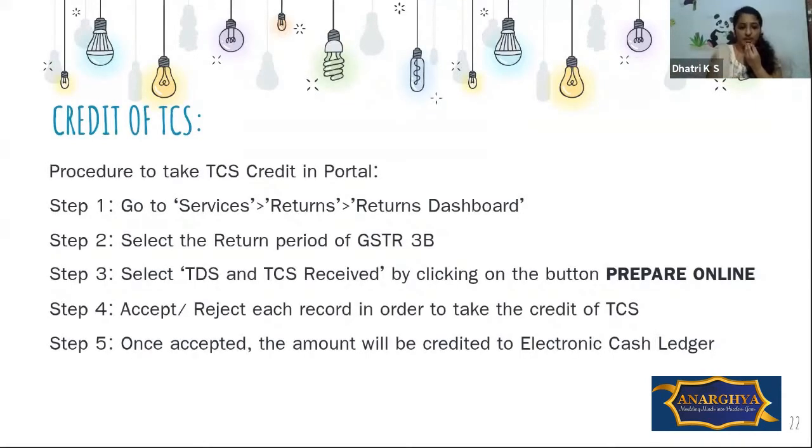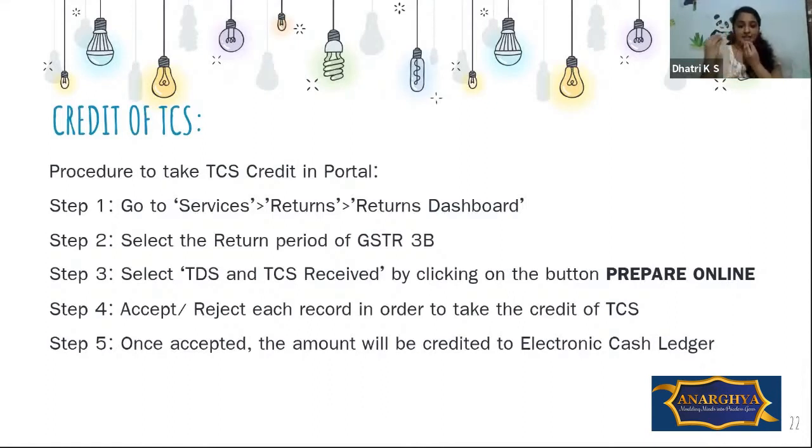After logging into his account, he is required to go to Services, Returns, and Returns Dashboard. After going to the returns dashboard, he is required to select the period for CGST Act 3B. After going there, he is required to select TDS or TCS receipt by clicking on the button Prepare Online. After clicking on the button Prepare Online, every entry of TDS and TCS will be reflected there.